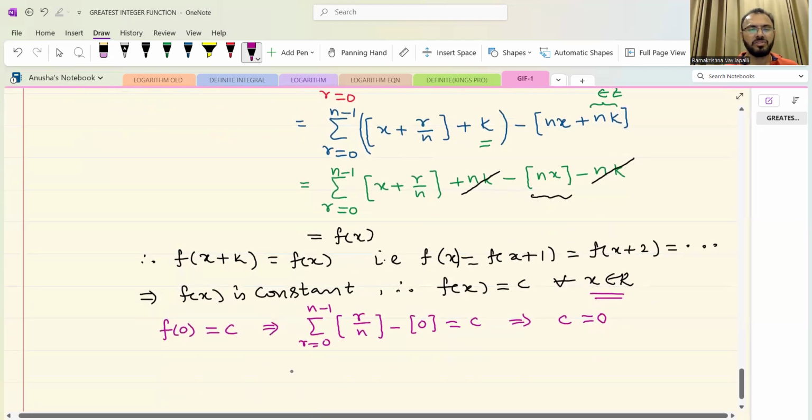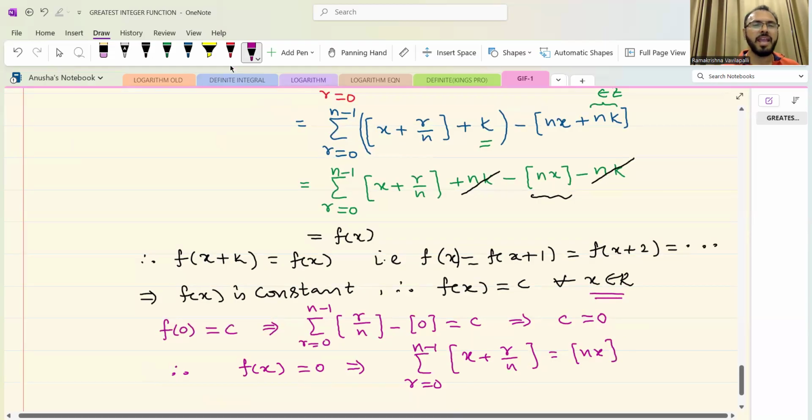Right? So therefore, f of x equal to 0, which implies that sigma r equal to 0 to n minus 1 integral part of x plus r by n equal to, we got, integral part of nx.